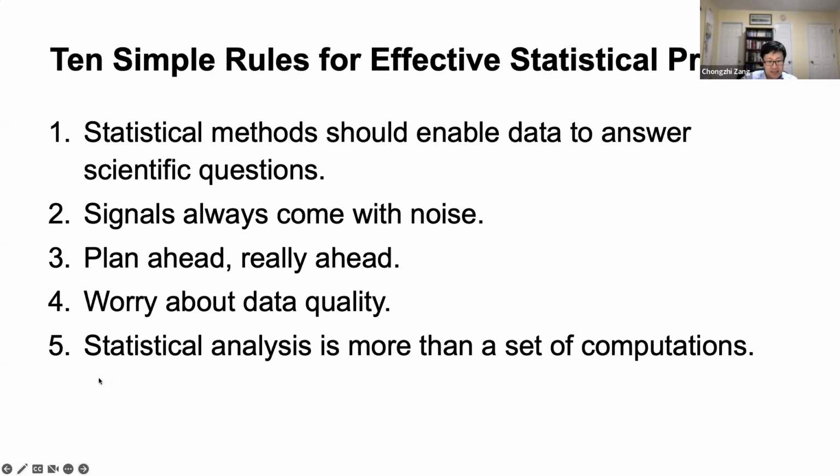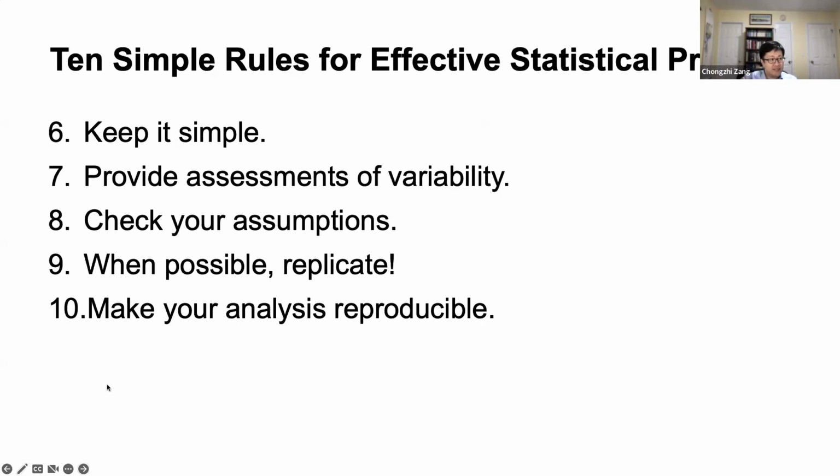Number five, statistical analysis is more than just a set of computations, right? Statistical thinking, like what we repeated a few times, is more important than simply following some procedure to do the computation. Number six, keep it simple. Do not think that statistics is something very complicated.